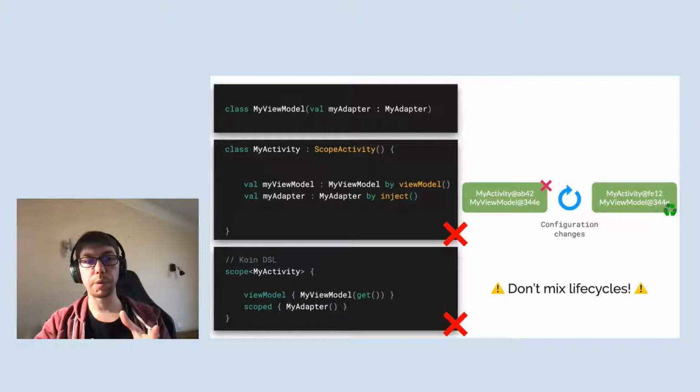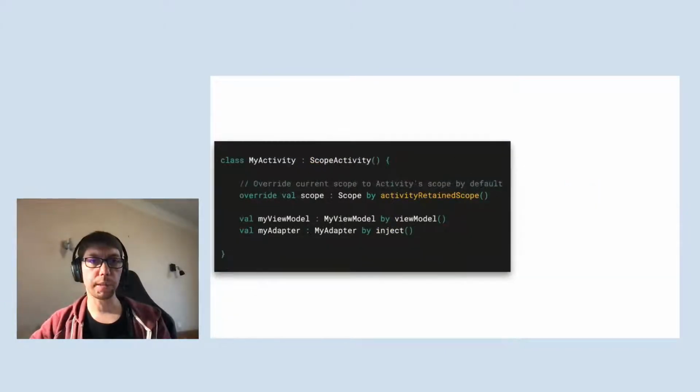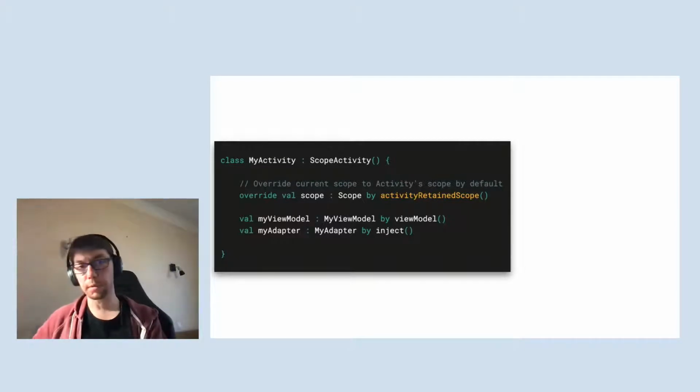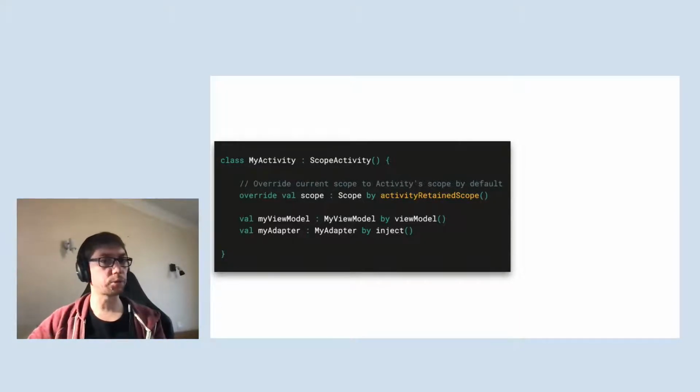Then it will hold your previous instance of my adapter and provoke a leak here. What we can do instead is decide: either you are using an activity or fragment scope, or you want something that is surviving configuration changes like a view model. Then you have to be sure that your scope is configured to survive the activity's default lifecycle behavior.